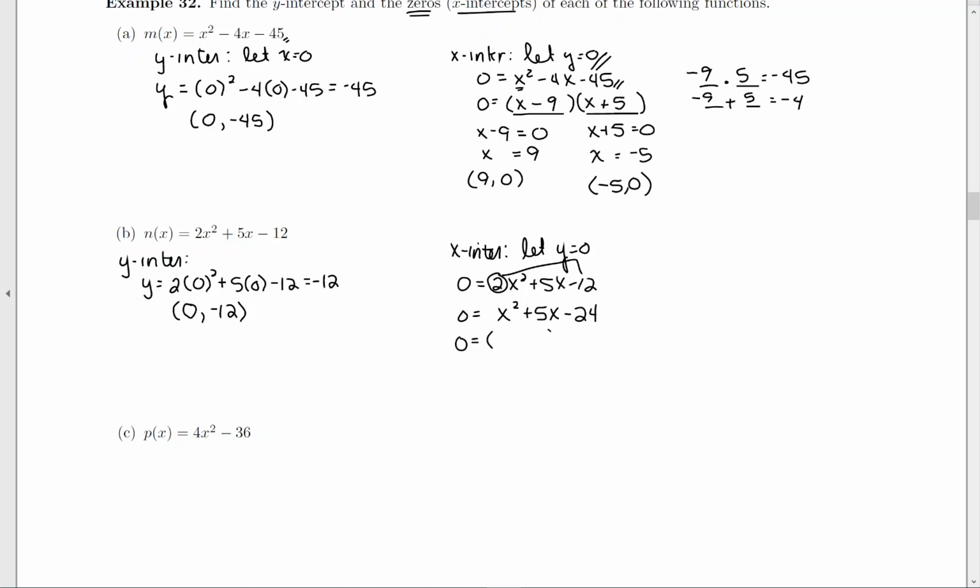0 equals, write down my 2 sets of parentheses. Now the factoring is going to go a little easier. x times x is x squared. What multiplies to negative 24 but then adds to positive 5? So I'm thinking an 8, 3 combination, a positive 8, negative 3. Positive 8 plus negative 3 gives me positive 5.